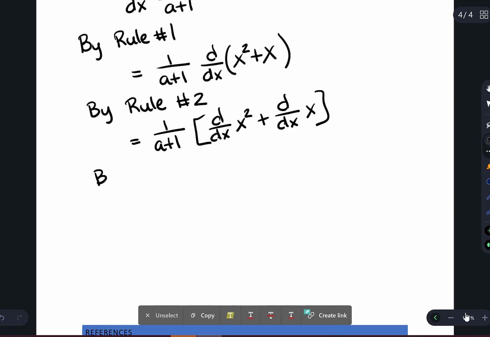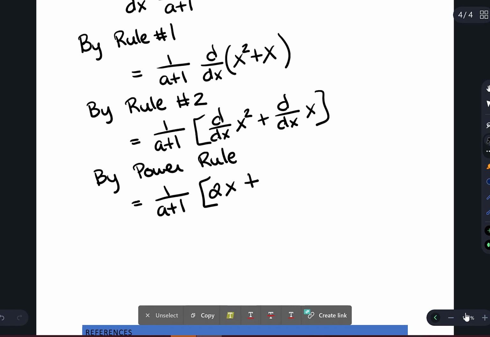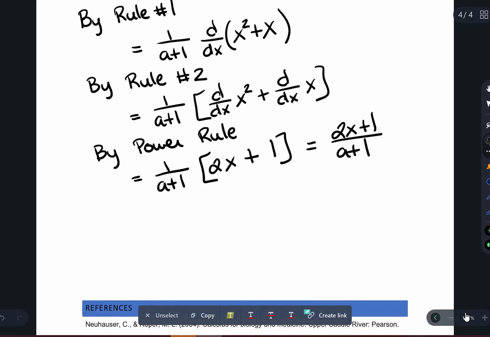And then by the power rule, this is equal to 1 over a plus 1 times, well, the derivative of x squared is going to be 2 times x plus, and then the derivative of x is just going to be 1. So this is equal to 2x plus 1 over a plus 1. So again, this is the derivative. It gives us the slope of the tangent line.